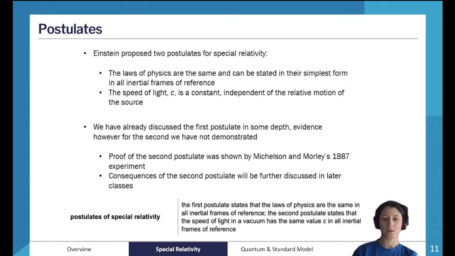The first one is that the laws of physics are the same in all inertial reference frames.